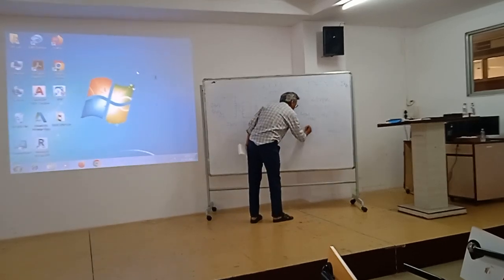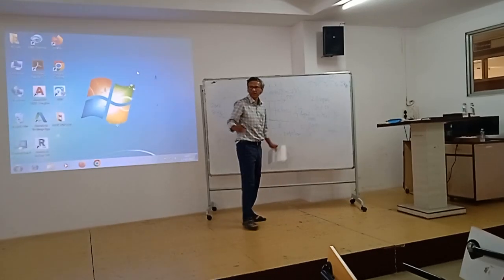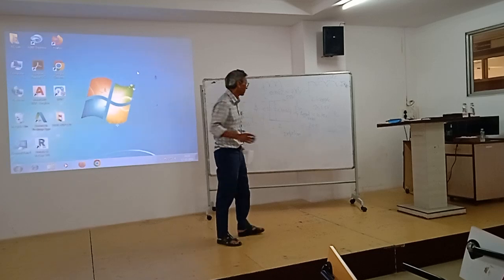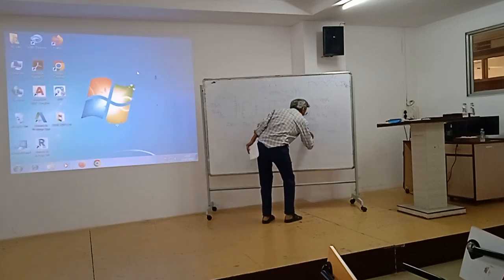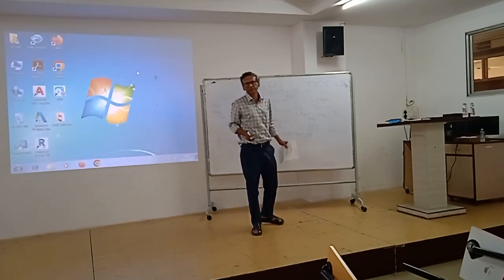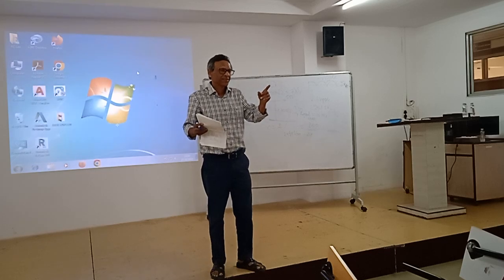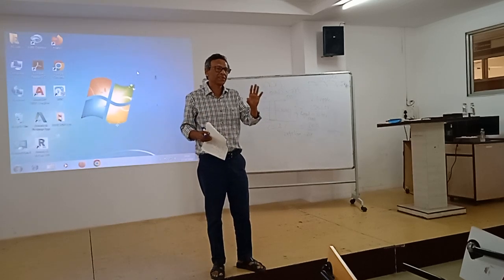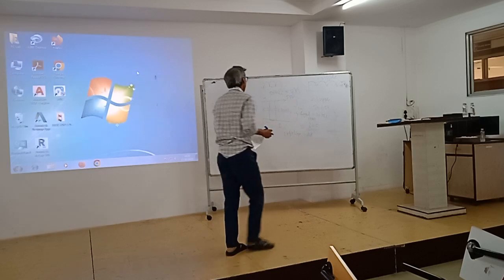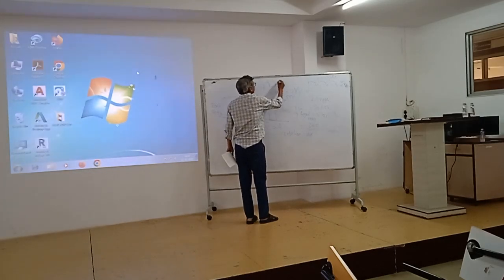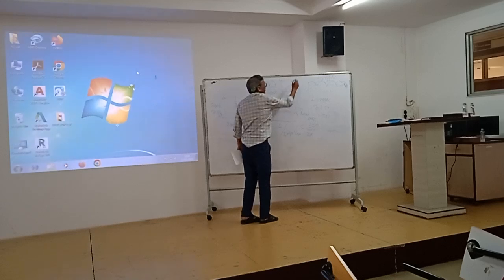If I write this, highest current will be 200. 2 into F. What is F? How much is F? Very simple but tricky question. How much is F? F of this is 100 Hz.